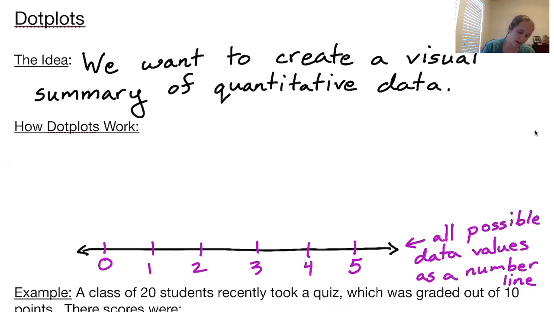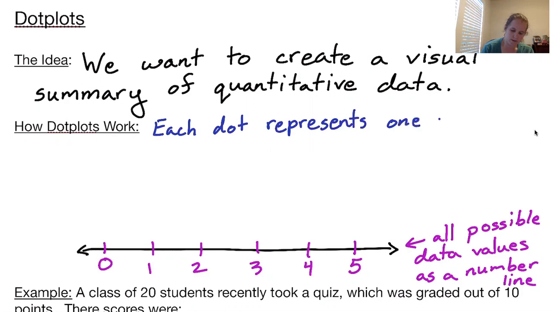And then each dot represents one individual's response.